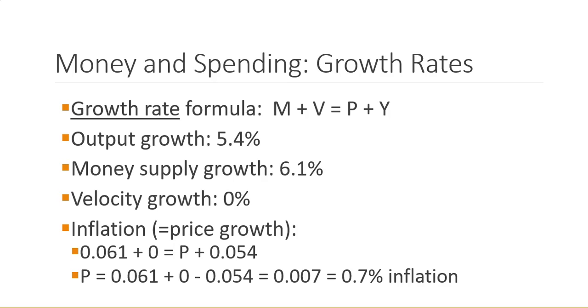And we use some algebra to solve for P. P equals 0.061 plus 0, which is the other side of the equation, minus 0.054. We subtracted that 0.054 from both sides of the equation, and the result is a P of 0.007, which means that our inflation or our price growth is 0.7%.